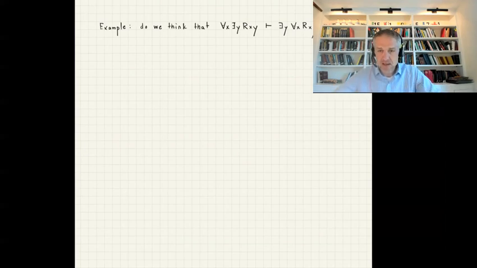The premise says, for every x, there is a y such that x bears the relationship to y. So for anything, there is something else such that the first bears the relation to the second. The conclusion says there is a thing such that everything bears the relation to it.